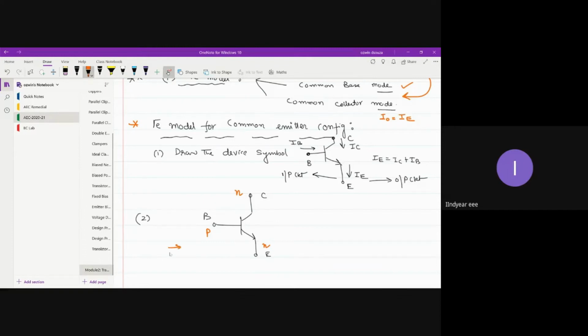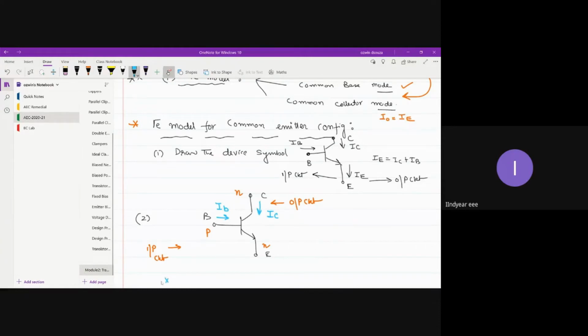So it is an NPN transistor, right? Now, let us look at the input circuit and let us also look at the output circuit. Let us collect a few signals, as in the output current IC, and also some signals on the input side, such as the base current IB.